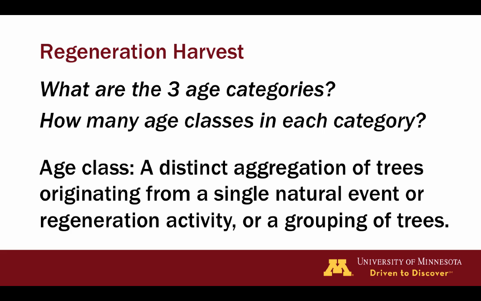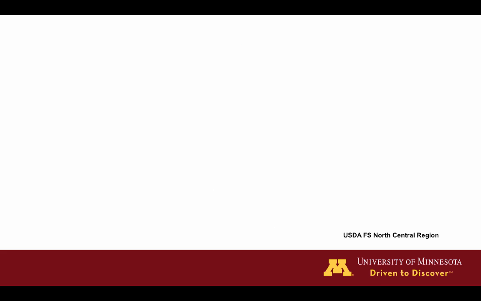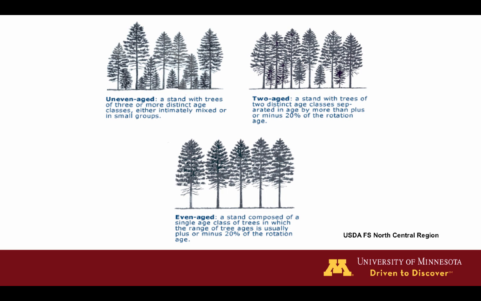So as we unpause the lecture, hopefully you came up with the terms uneven aged, two aged, or an even age stand. So I'm not going to read these definitions, but one thing I do want to point out is an even age stand is composed of a single age class. So we have just one age class.